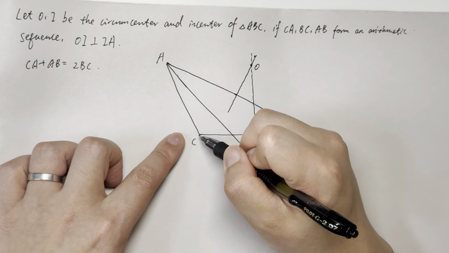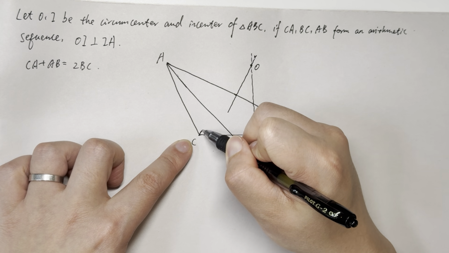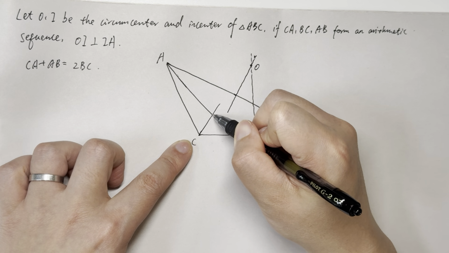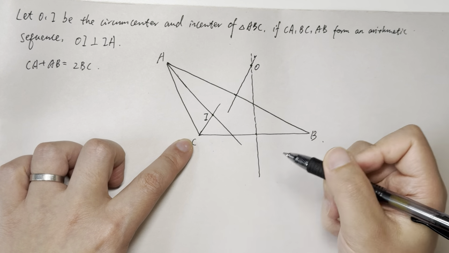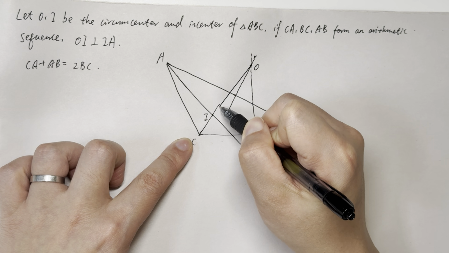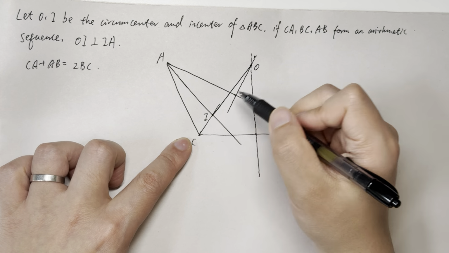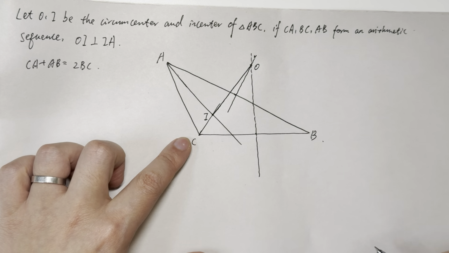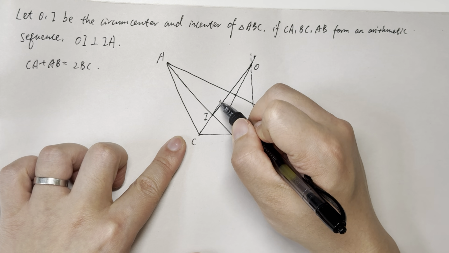That is point I. And then we want to prove that OI is perpendicular to AI. Right?